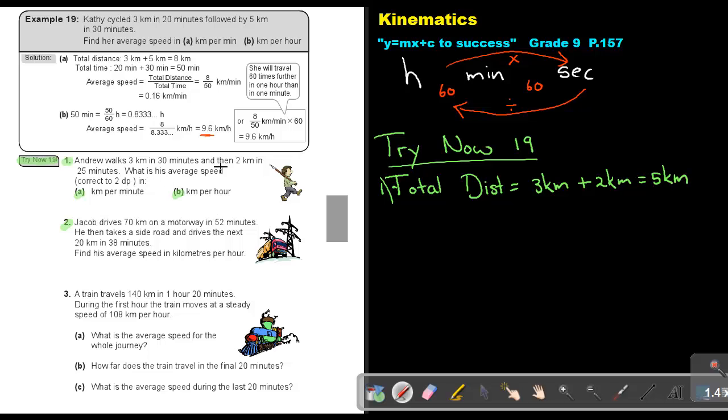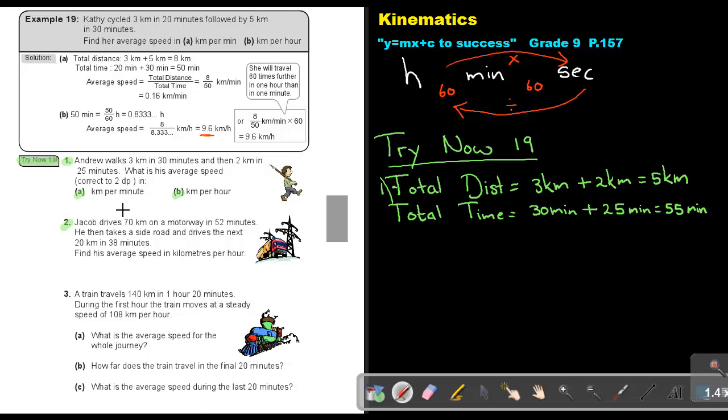Now we're going to find his total time. That's going to be the 30 minutes plus the 25 minutes, and that will be 55 minutes.